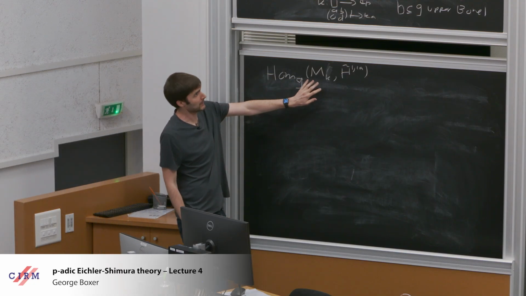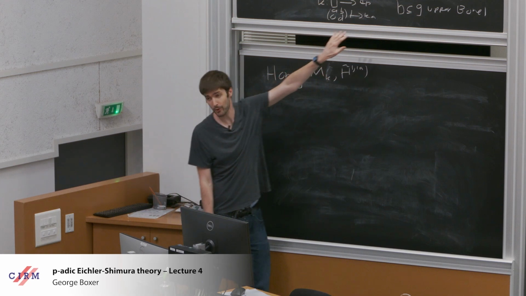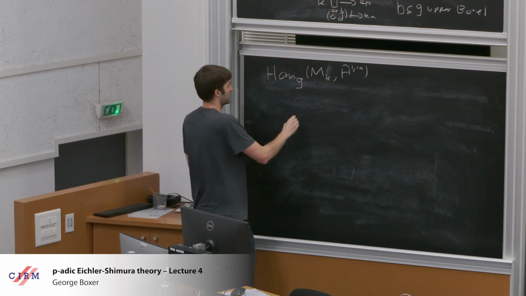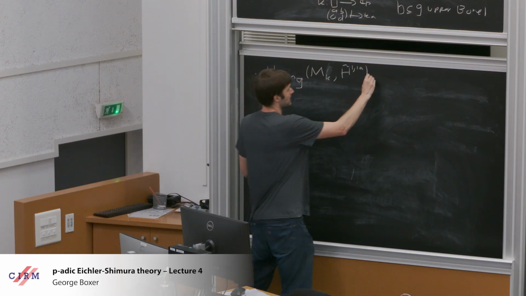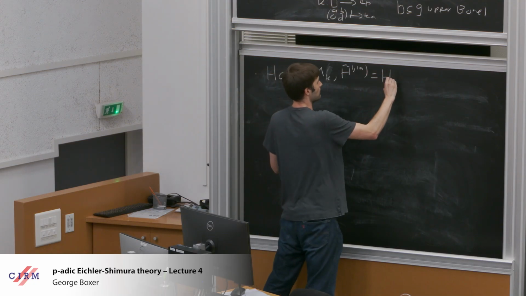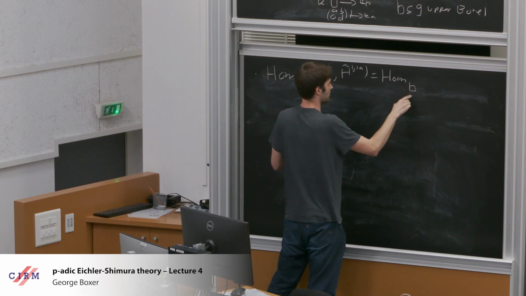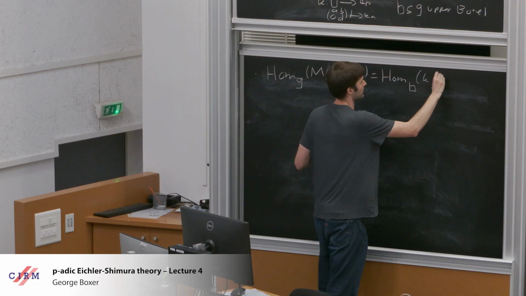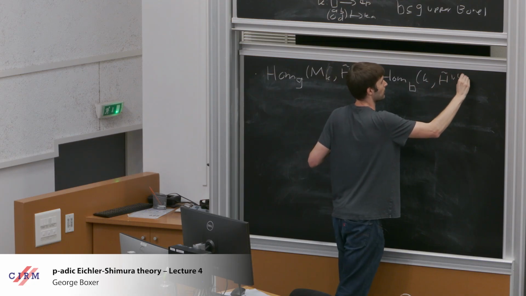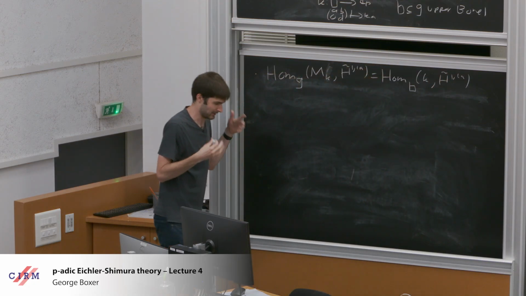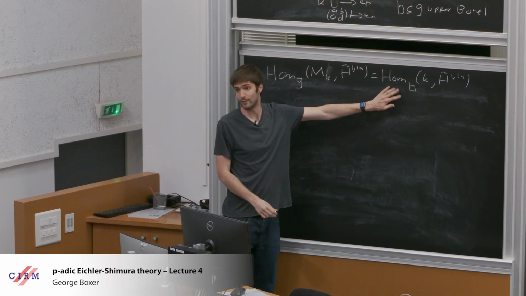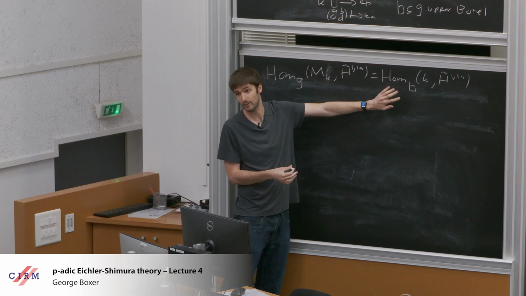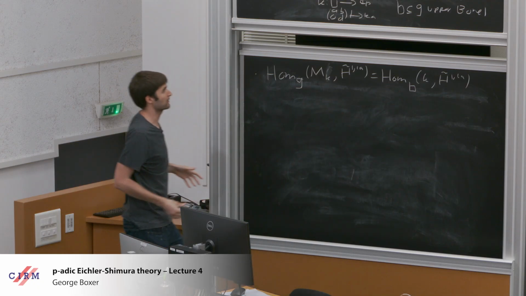Because this Verma module is induced, there's another way of writing this, which is the way Van Sant wrote it in the introduction: we can write this as Homs as b-modules from the one-dimensional representation given by this character into the first completed cohomology. And I think Van Sant explained in the first talk that the goal of p-adic Eichler-Shimura theory from Louis Pon's point of view is to compute this space with its actions.